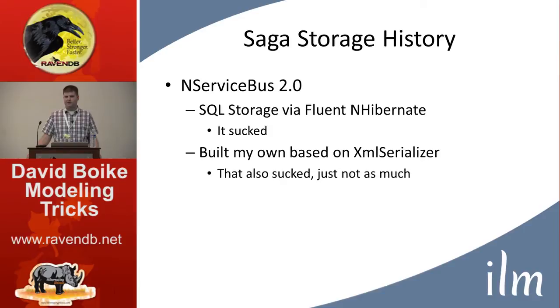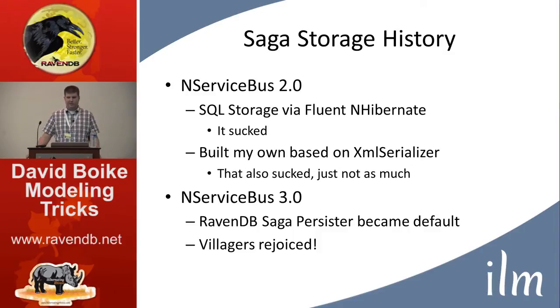My XML serializer one, I had to do stuff that even though I hadn't even heard of RavenDB yet, was very RavenDB-like. I shoved it into an XML thing, and then for all of the properties that you had to look it up by, I had to throw that in a second table so that I could look it up. So that was kind of like the Lucene part. So in NServiceBus 3, RavenDB SagaPersister became the default, and the villagers rejoiced, and it was great and wonderful and excellent.